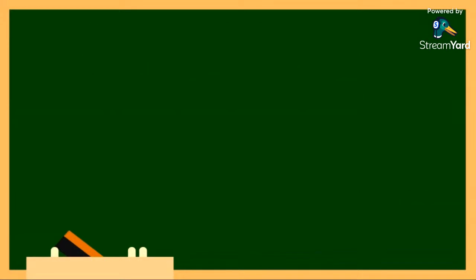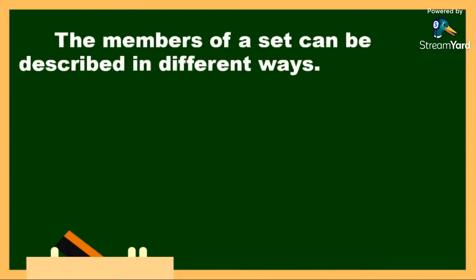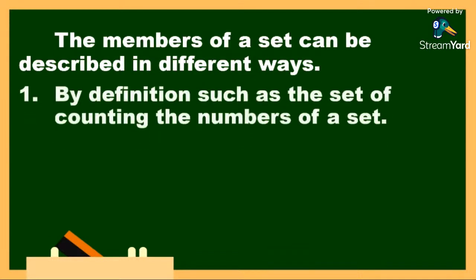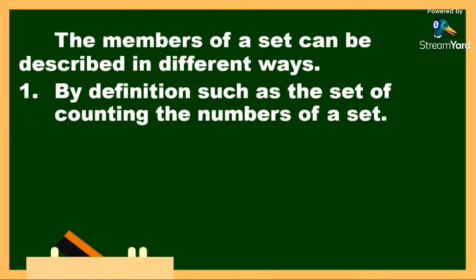The members of a set can be described in different ways. First, by definition, such as the set of counting numbers. Dito sa paraang ito ay binibigyan ng definition o pangalan ang isang set base sa katangian ng kanyang mga elements or objects na kino-contain.